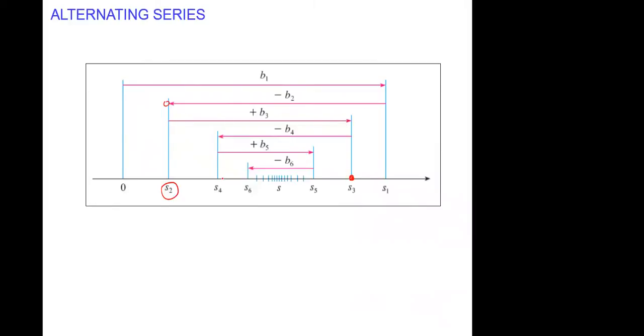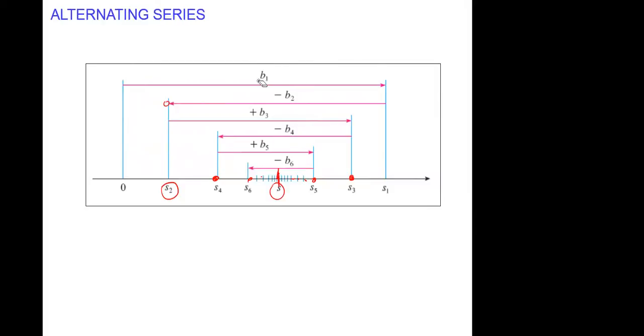Then I jump here, and then jump here, jump here, jump here. That means all of the partial sums are definitely oscillating around a finite sum. That means this will be the sum. This means that the alternating series is convergent, converging to that number.